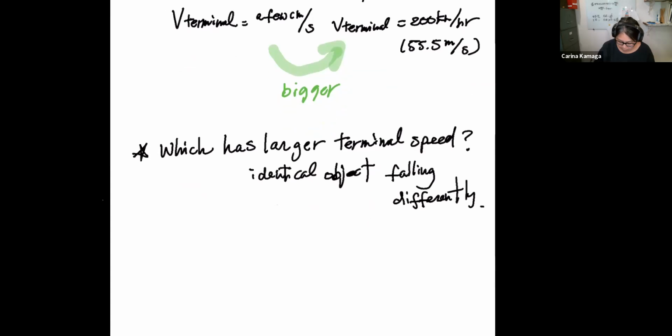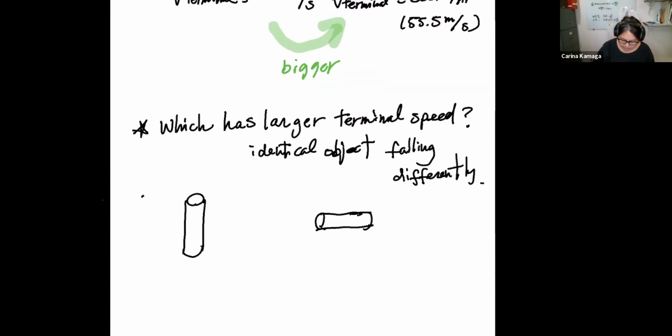So the object that falls like this, or the object that falls like this. It's the exact identical object, but it's falling differently. A or B, which one has a bigger terminal speed? Why?